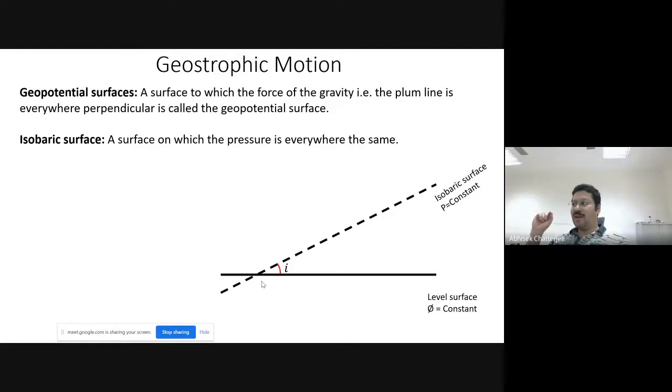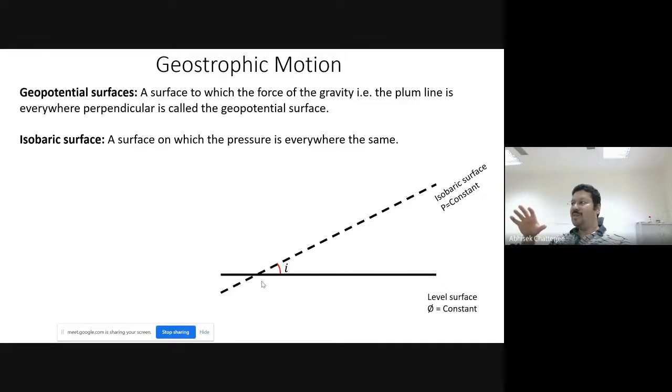So when we try to find out G star, you remember, when we were trying to deal with that centrifugal force, we added that to the gravitational acceleration G, and then we found a G star. That time we said that G star, which is the modified version of G, is always perpendicular to a surface, and that surface is called the geopotential surface.